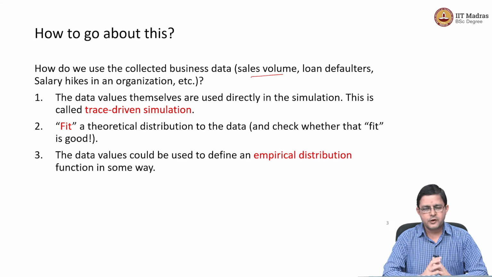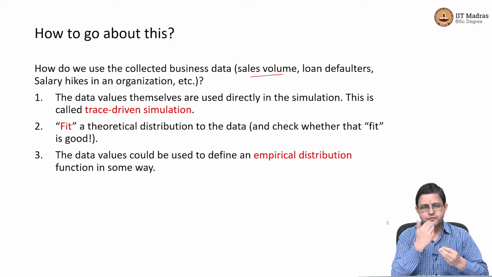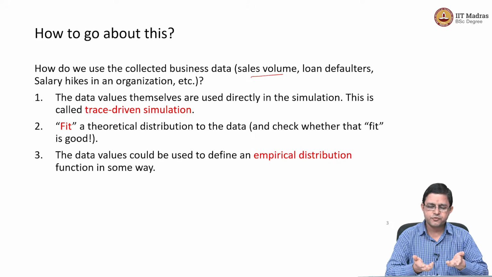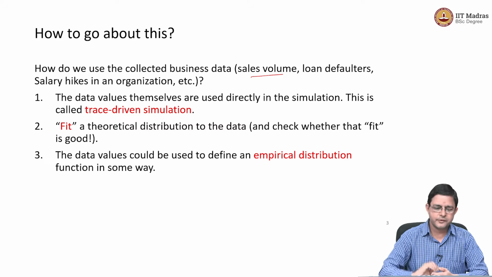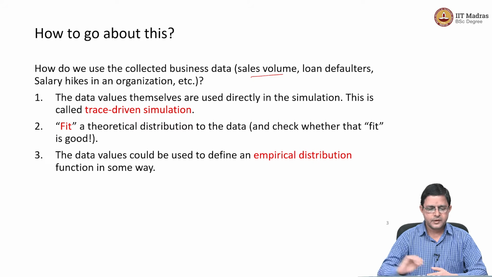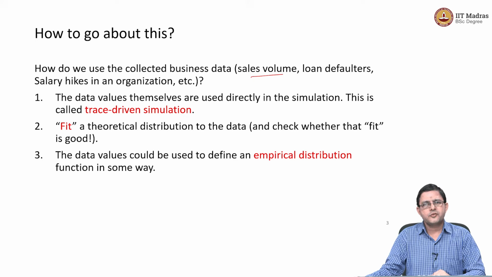So, for the sales volume data that I already spoke about, we ask what would be the distribution where these 36 values could have come from. So, using these 36 values, we build our own empirical distribution and use that distribution in our future analysis, right. Now, what are these empirical distributions? Have you discussed empirical distributions in your earlier courses?